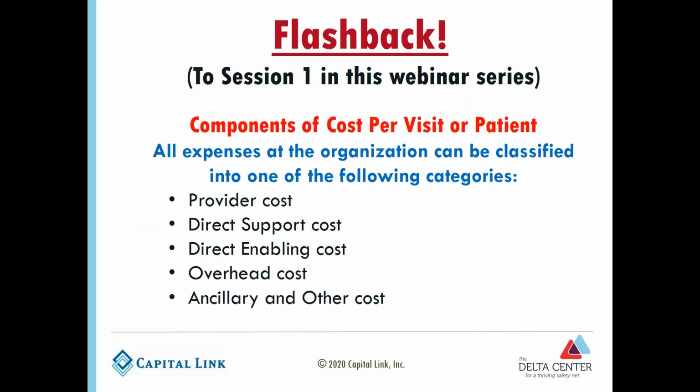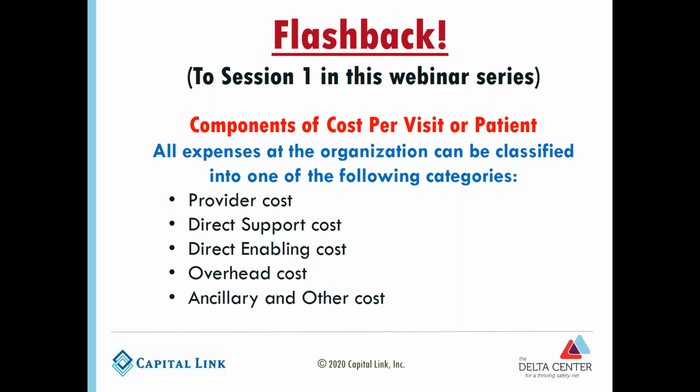All right. So in order to move forward into this, we're going to flash back to the first session that we talked about. I'm going to do this a couple times here, where we're just trying to remind folks that, regardless, this relates a bit to Bob's comment about your costs. You can slice them and dice them in a variety of ways, but no matter how you approach it, you're still going to break them down primarily this way.